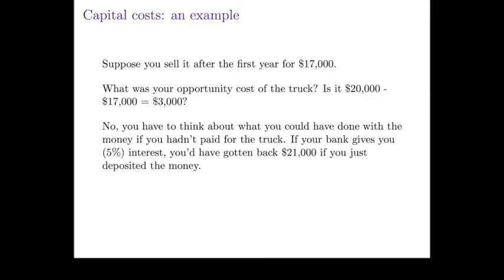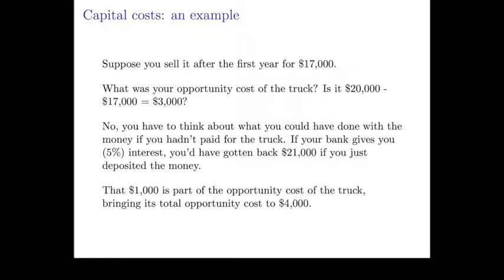Not quite, because you still have to think about what you might have done with those $20,000 in the meanwhile. So let's suppose you could have put that $20,000 in the bank and got 5% return on it. If so, after the year, your $20,000 would have been $21,000. So your true cost is going to have to include the opportunity cost.